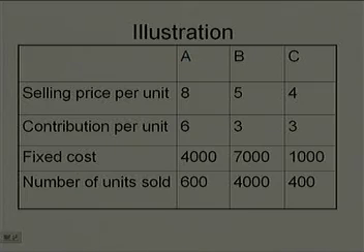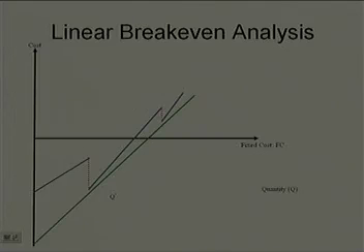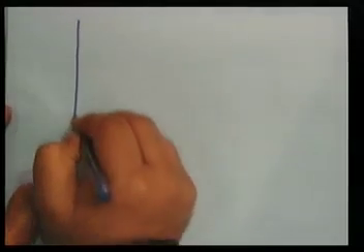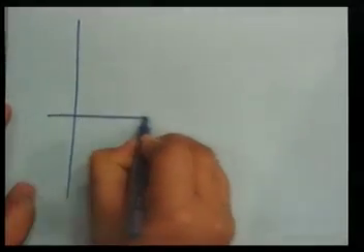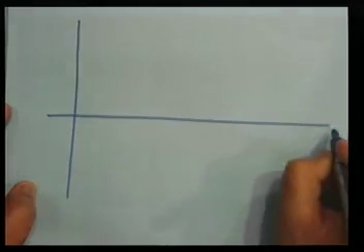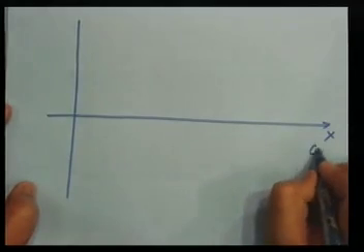Here also the analysis is very simple if we follow a step by step process. So, what we do here is we directly move to a break-even chart in which on the y axis I keep cost and on the x axis I put quantity.